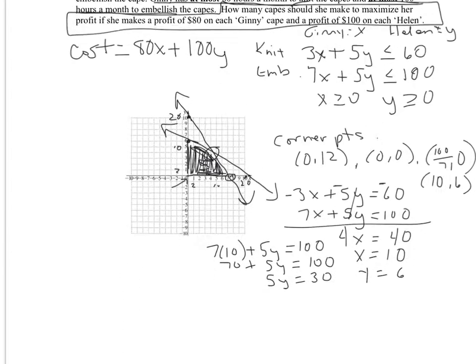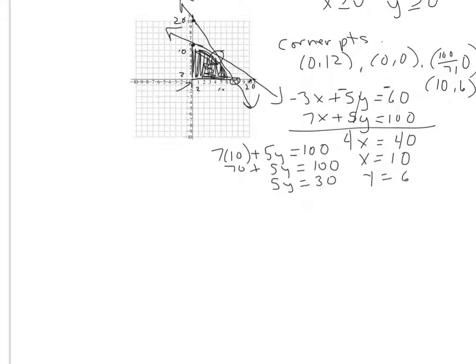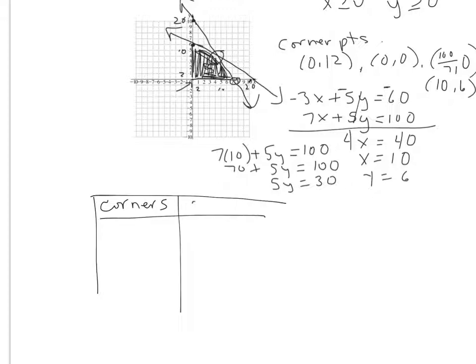Okay, we are ready to build our little table, and we'll get our information in there and see if we can answer this. So we have to put in our corners, and then we're going to use our cost equation, and we said it was 80x plus 100y.